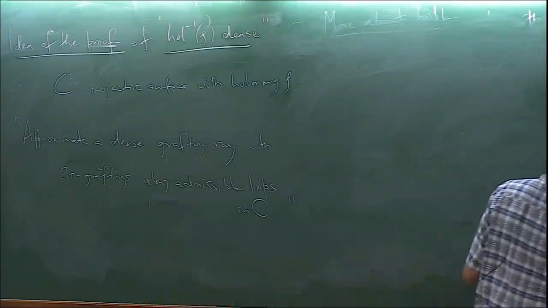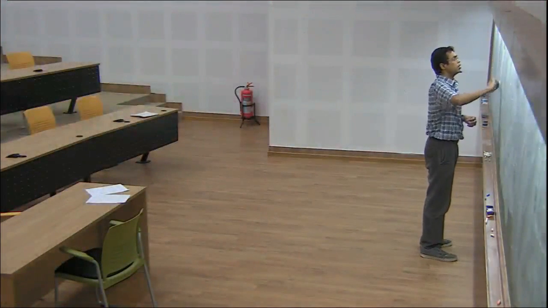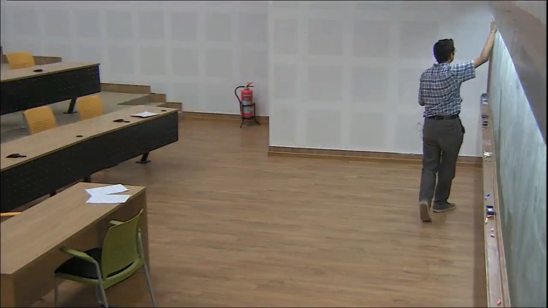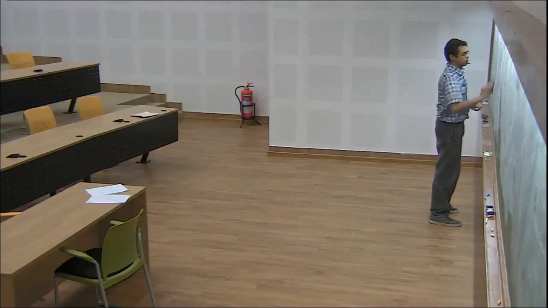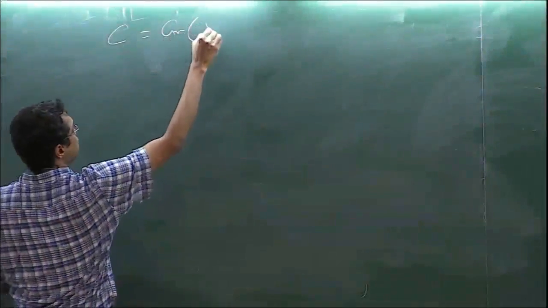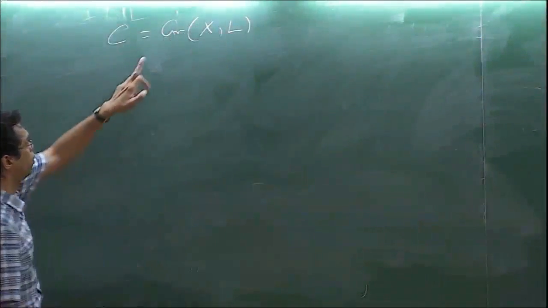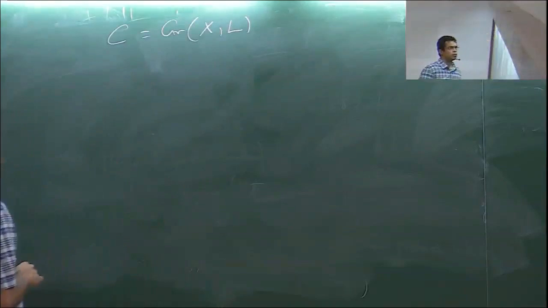Let me give a few more details. C can be thought of, by the Thurston parametrization, as obtained by grafting some Fuchsian structure along a lamination.